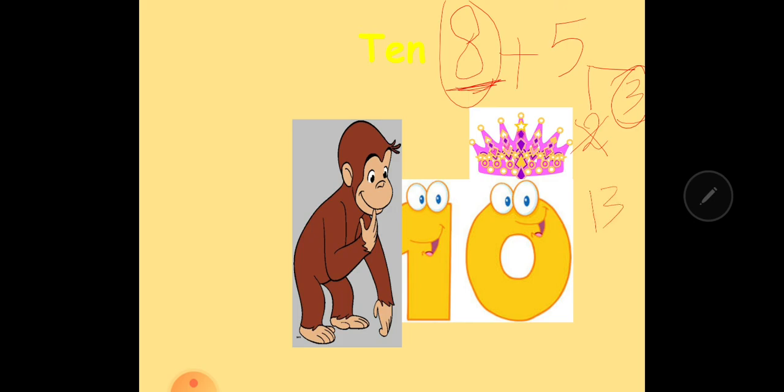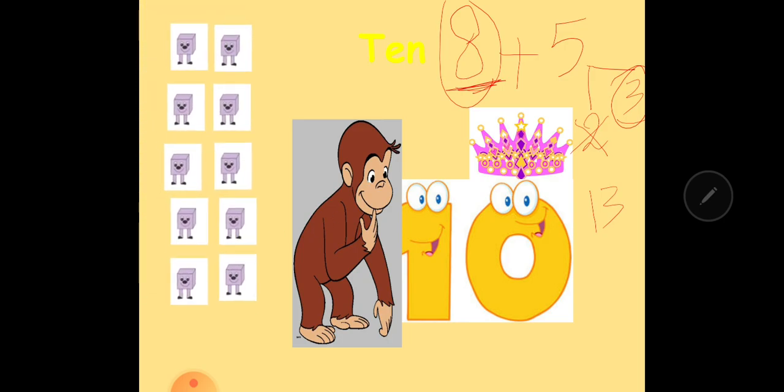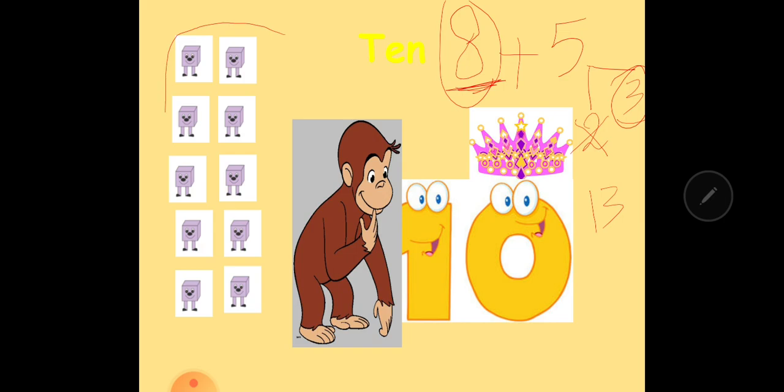Okay, now I can draw the 10 in another way. If I put the 10 ones, like your fingers, we say you have 10 fingers in your hands. If I put them in a group, I will call it a group of 10.